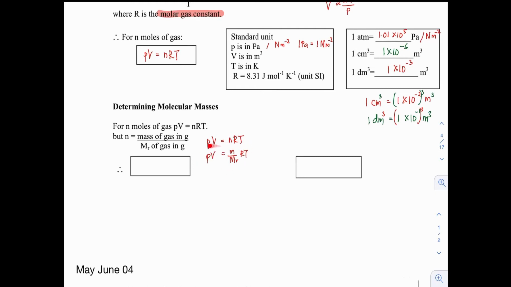And when we rearrange these equations, we can calculate the Mr in terms of mRT over VP. Knowing that mass over volume is also density, another equation arrives: Mr equals density times RT over P.